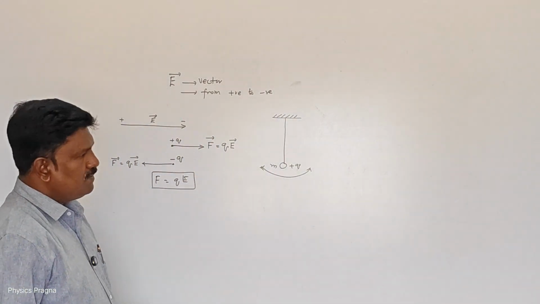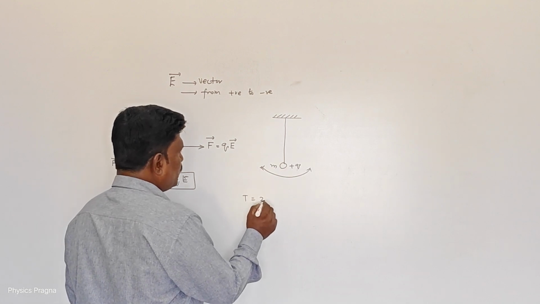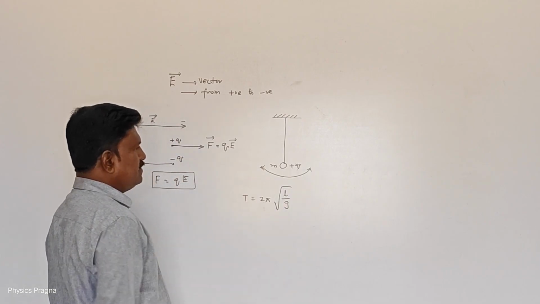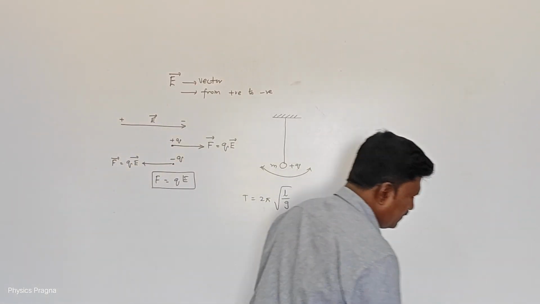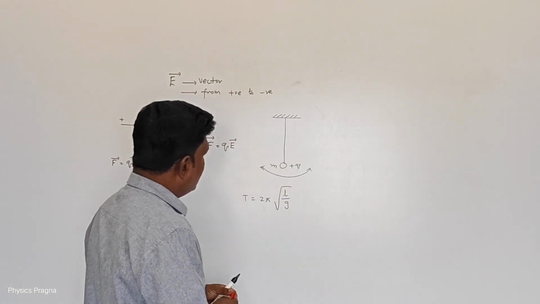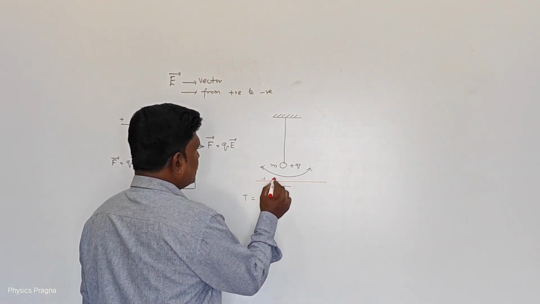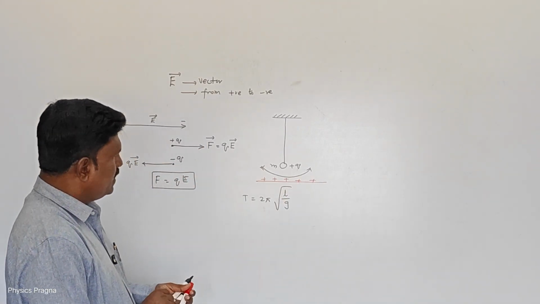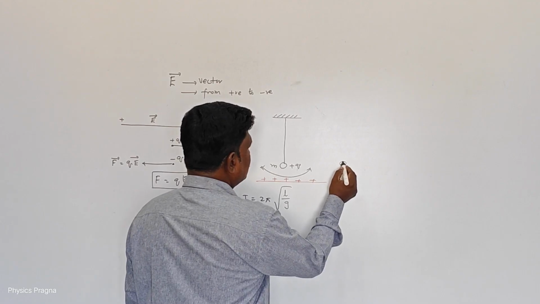The time period of the oscillating pendulum is equal to 2 pi root L by g. Now I have placed a sheet having positive charge. If it is so, then what happens? This is the pendulum.